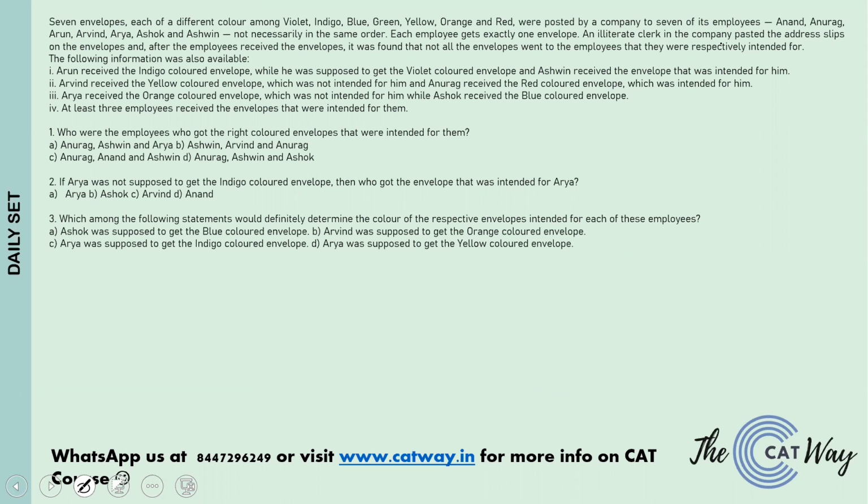So before we go and read out the information, let us make a table first. We have the employee name, the intended color, and the received color. Talking about the employees, how many are there? There are seven employees.